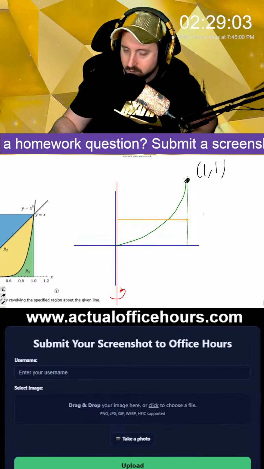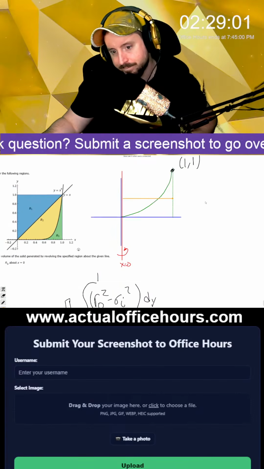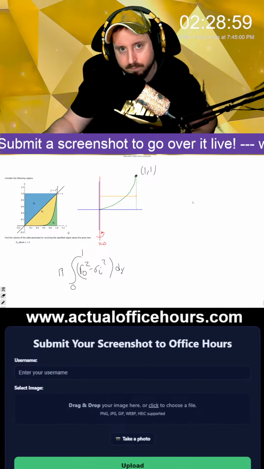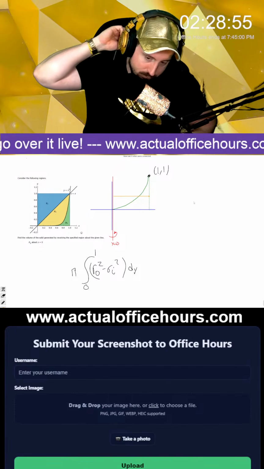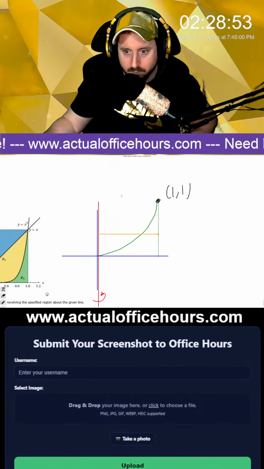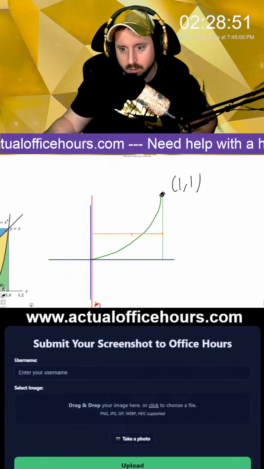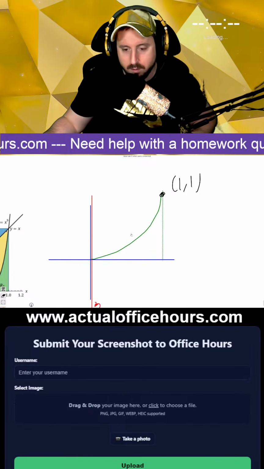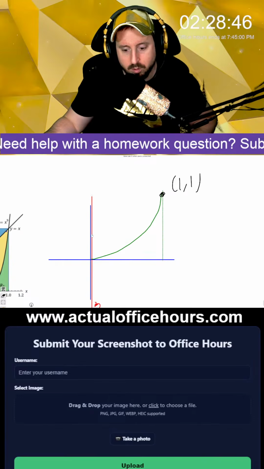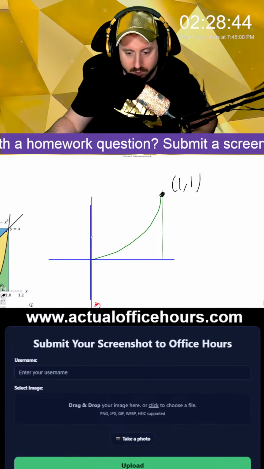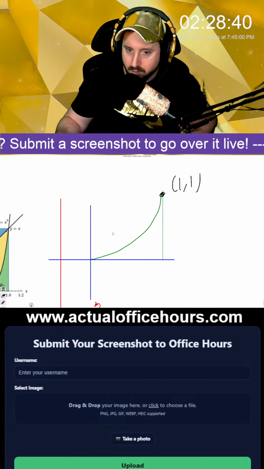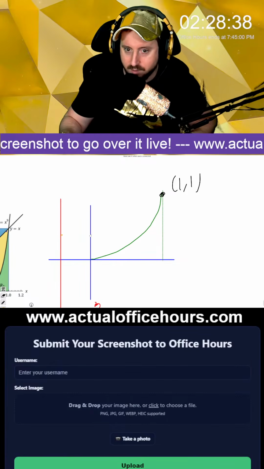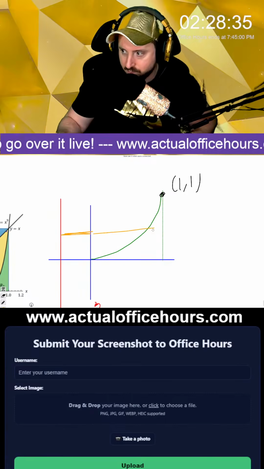I have a quick question as well. We're revolving around the y-axis right now, but sometimes they add a bound, like y equals 9 or something, and you have to subtract 9 from the function. Sometimes the axis of rotation would be here, and then your distance is this plus this.